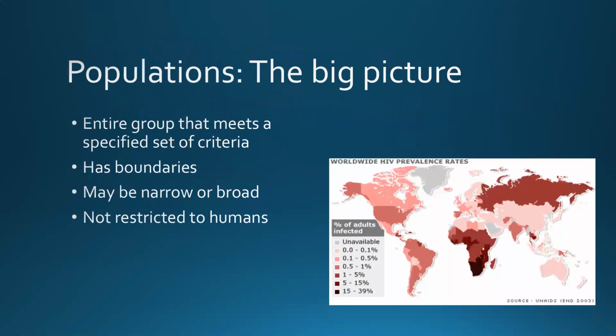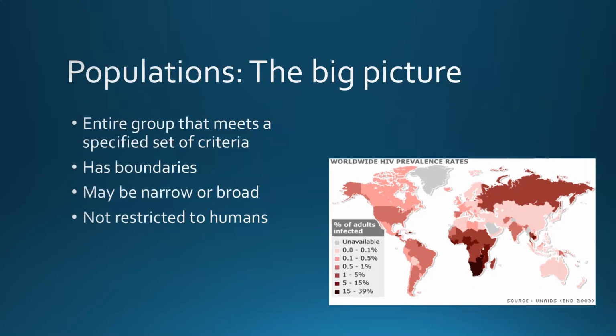So let's talk about the who, populations. Here's the big picture. A population is everyone who meets a criteria of the group that's being studied. And always, a researcher makes decisions about that, so they choose certain characteristics.